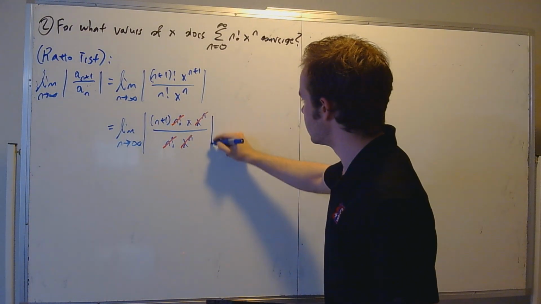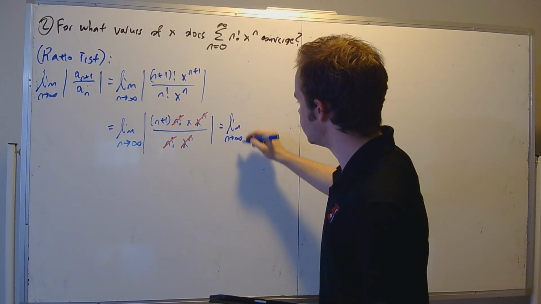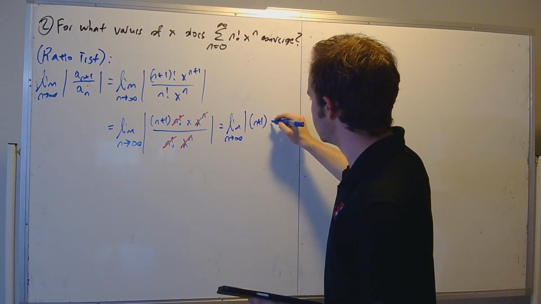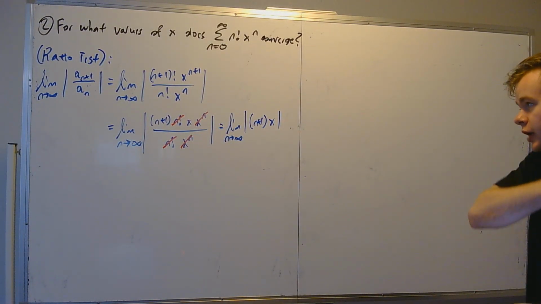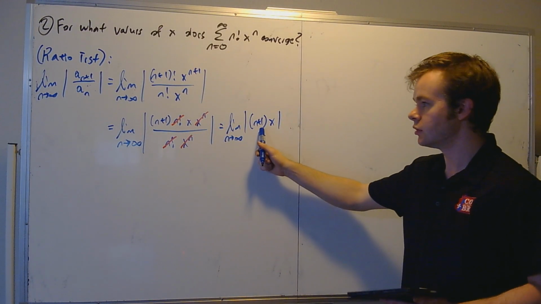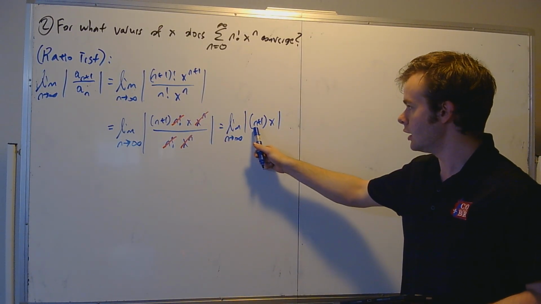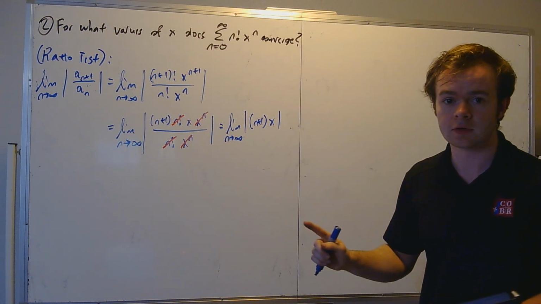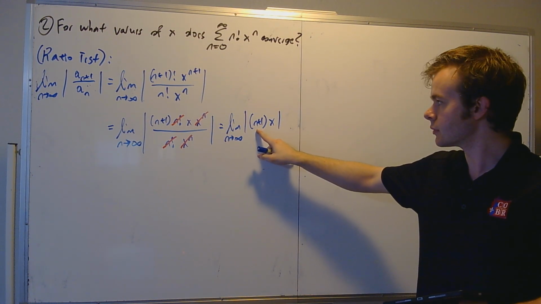And what we're left with is the limit as n goes to infinity of the absolute value of n plus 1 times x. Now, if n is going to infinity, what is this going towards? Well, here you've got an n, so it looks like this is going to infinity. But what's the only circumstance when this is not going to infinity?